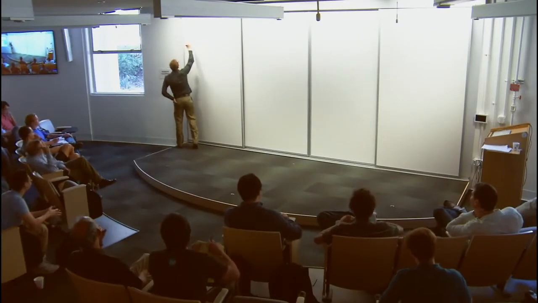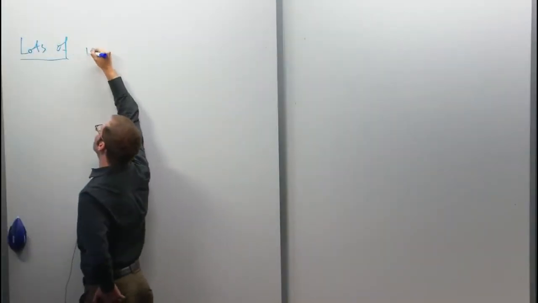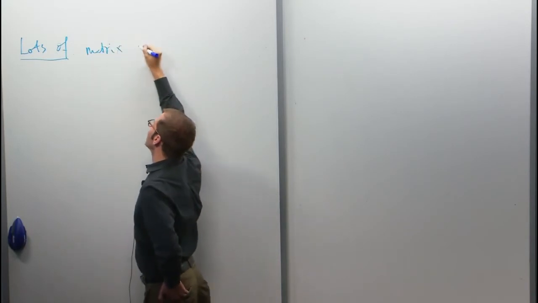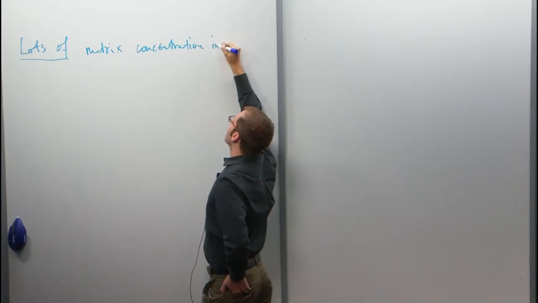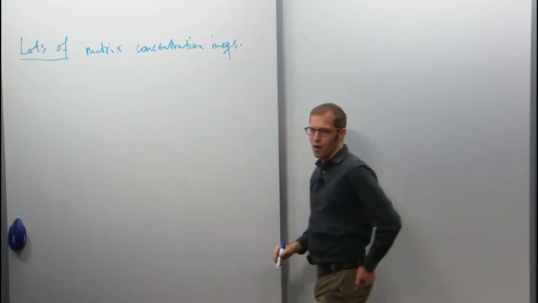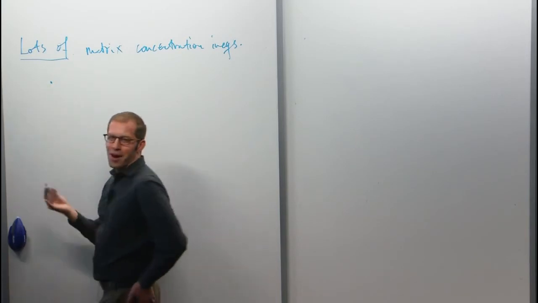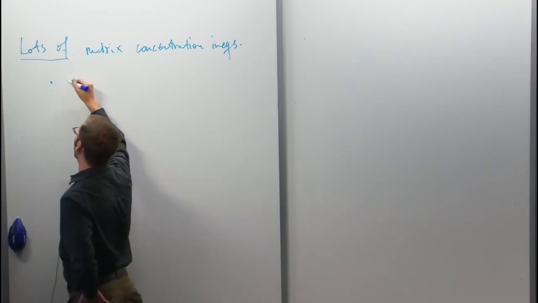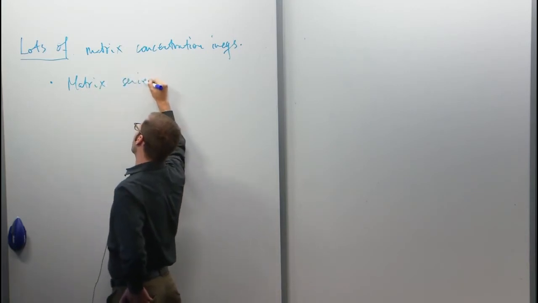All right, so there are lots of matrix concentration inequalities. You can do Bernstein with unbounded random matrices, for example. There are matrix series bounds, which we'll talk about in a minute.